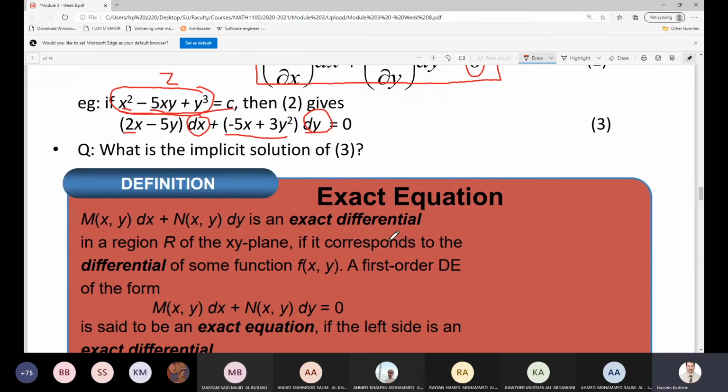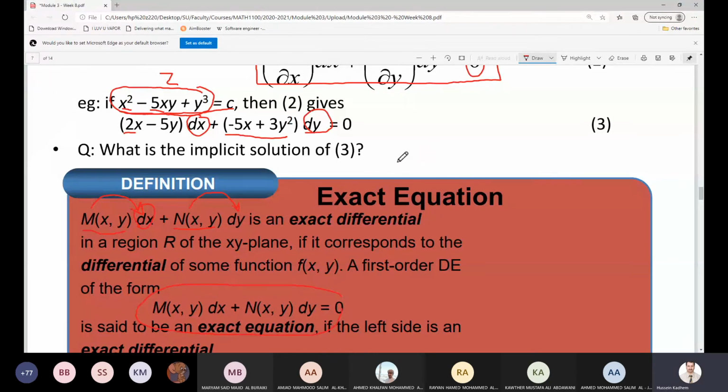Let me put it in a definition. If I have M, where M is function of x and y, dx, M is the dx parameter, plus N is the dy parameter. This is what we call exact equation. This is how it looks like.